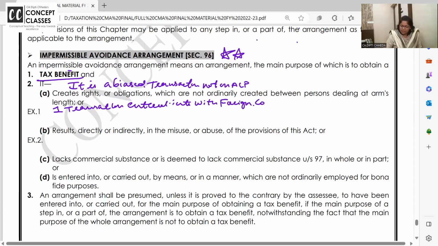One transaction entered into with a foreign company with $80 million service provided by foreign company. फॉरेन कंपनी $80 million का सर्विस दे रही है इंडिया को. ओके, तो जो सर्विस इंडिया में दे रही है उसको तो टैक्स पे करना पड़ेगा.